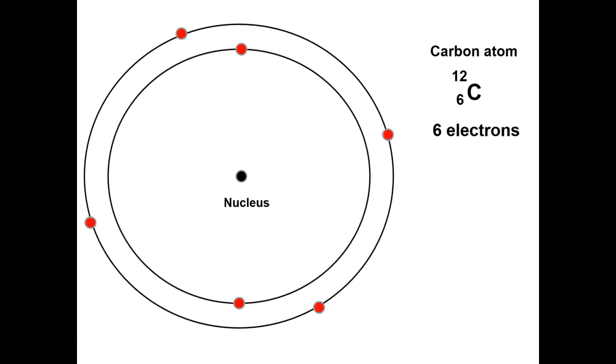Like we've seen before, we've got our carbon with its 6 protons, 6 neutrons, mass 12, and we've got the 6 carbon electrons arranged, as you can see, 2 in the first shell closest to the nucleus, 4 in the second shell further out. And we're going to ionize it by firing high energy electrons at my gaseous carbon atom. Then I can remove the electrons one by one.